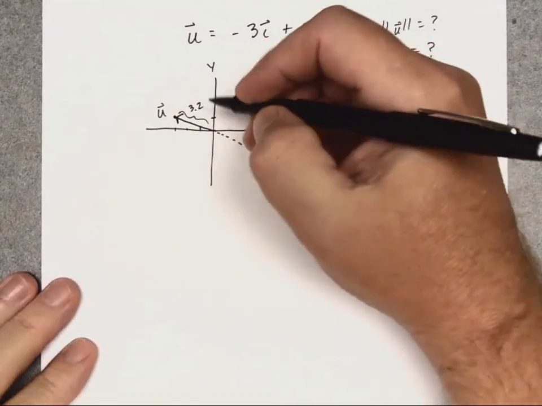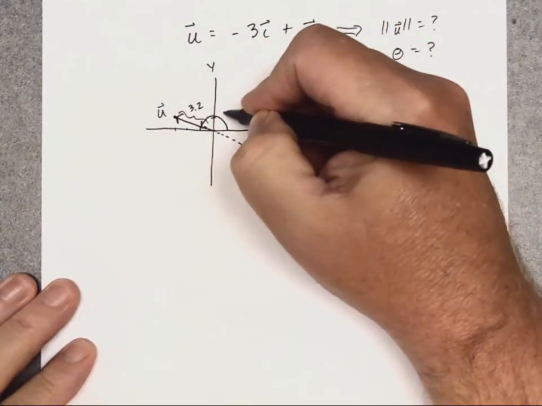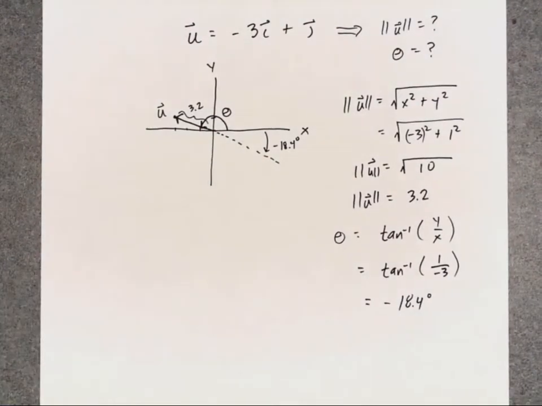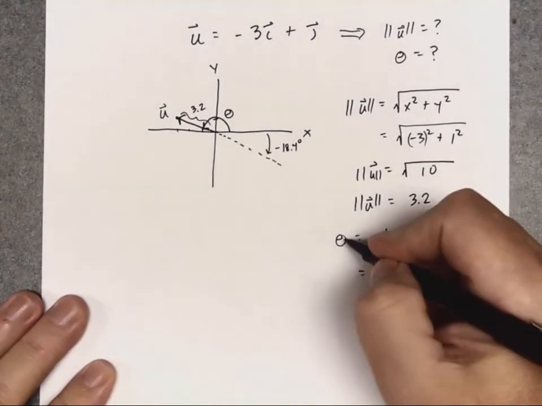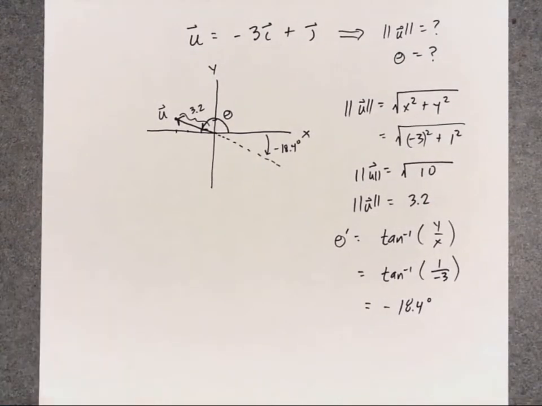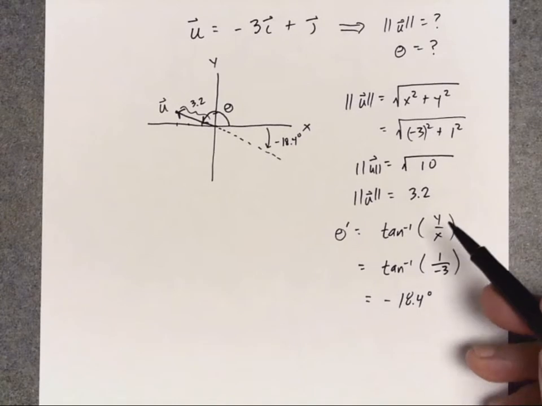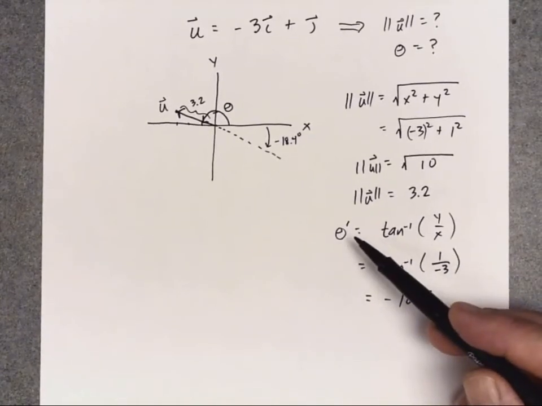But notice my angle for this vector u is right there. So what I sometimes do is put a little theta with a tick mark, because I'm not sure until I work it out whether this is actually my theta or, in this case, a reference angle.